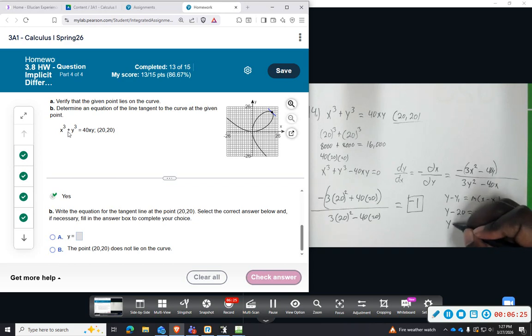So we get y equals, this will be a negative x plus 20. And then we'll add that 20 over as well, because -1 times negative is positive, plus that 20 gives me y equals -x plus 40. So this will be the equation of the tangent line through that point.